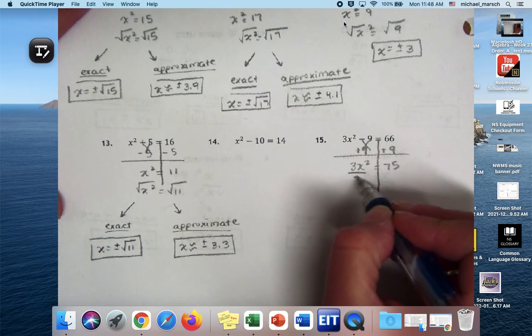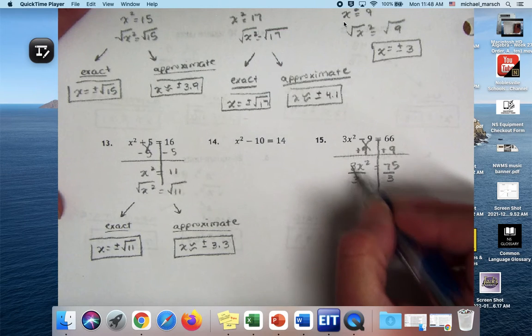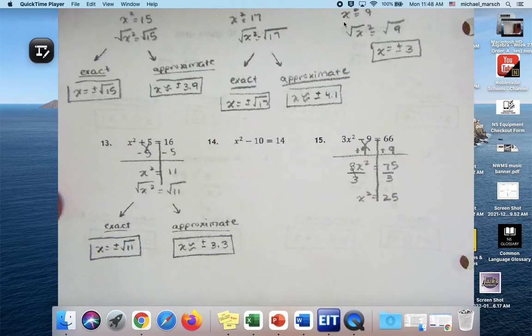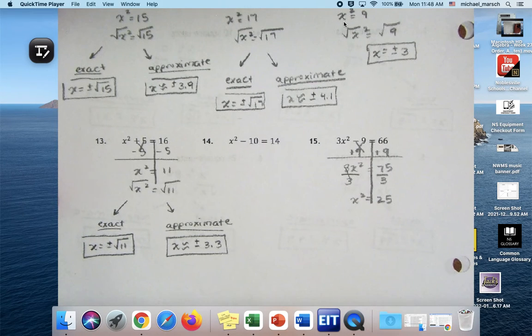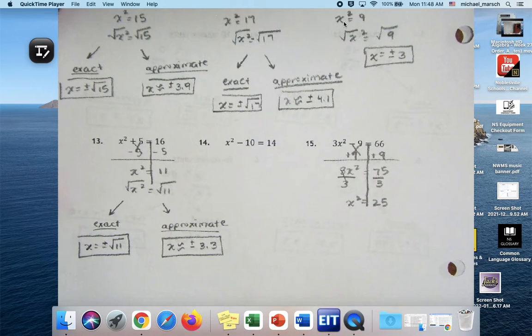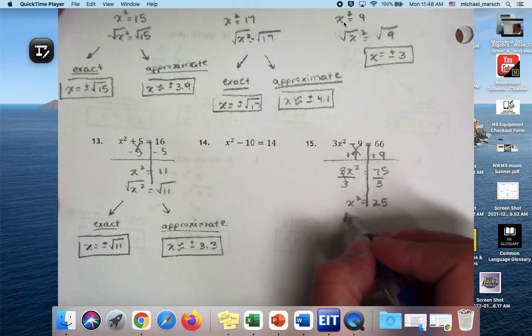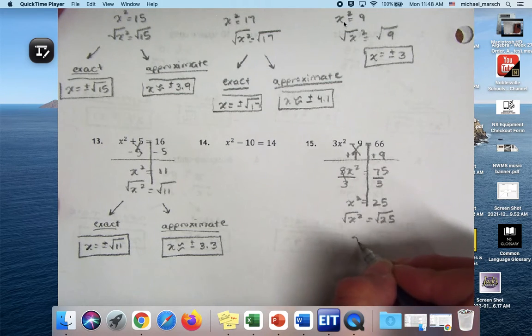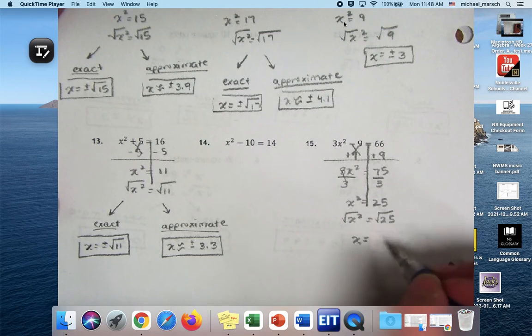So I'm going to divide by 3. And then I'll take the square root of that. And I'm just going to have one answer here, well, an exact answer, because 25 is a perfect square.